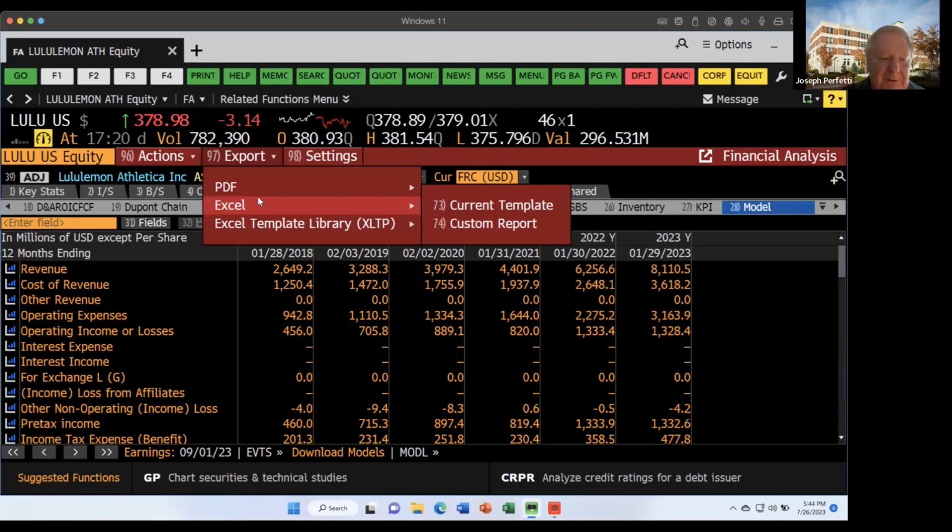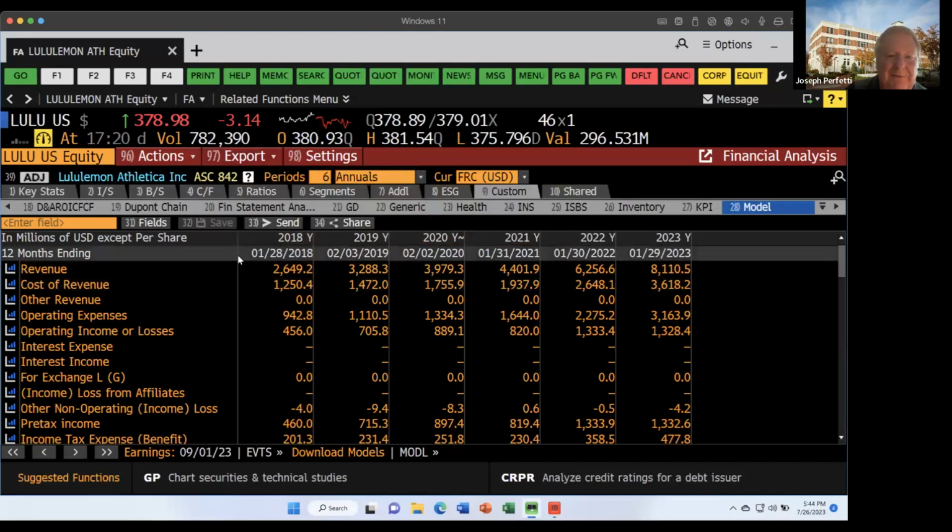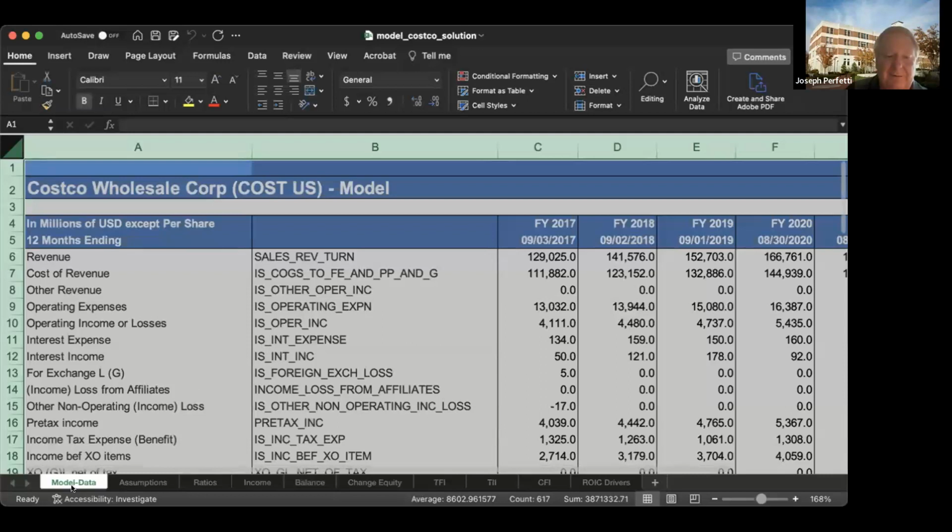For the rest of you, since you don't have access to be able to do this yourself with this data service, then I will give each of the companies that you select, I'll export that data for you. Okay. But here's the thing, whether we use Bloomberg, whether you use another data service, you could actually use another data service and basically create your own data that feeds the income statement and balance sheet.